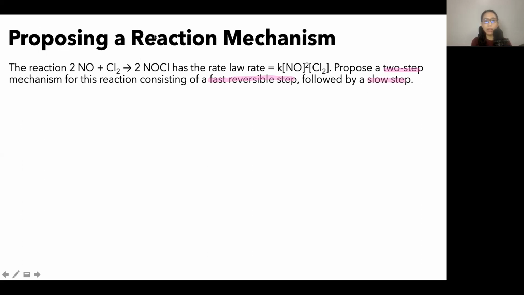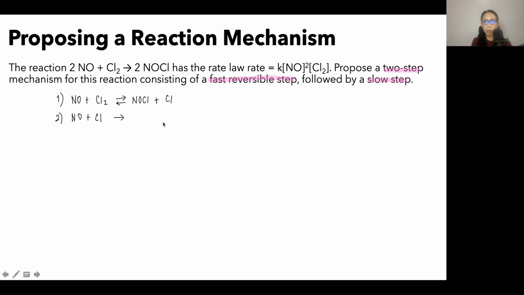Okay, so let's imagine. Let's say your first step is NO plus Cl2. So it should be reversible, so we use the double-headed arrow, forming NOCl plus Cl. And then this will be followed by NO plus Cl.